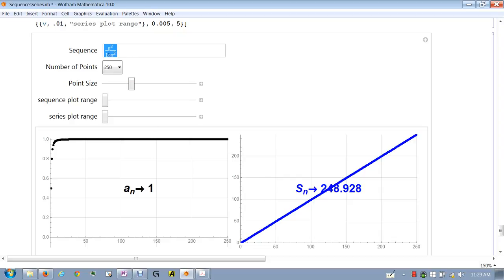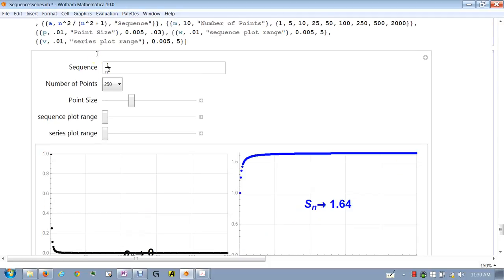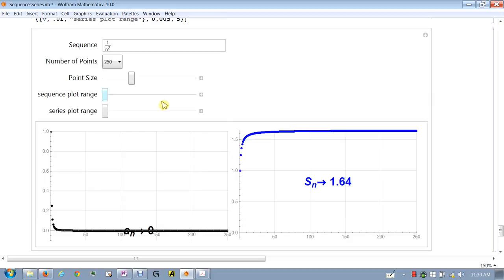Now let me show you a different example. 1 over n squared. Here is a sequence that approaches 0. Do you see it? And look at its series. Does that look like it's converging or diverging? Looks like it's converging, doesn't it?